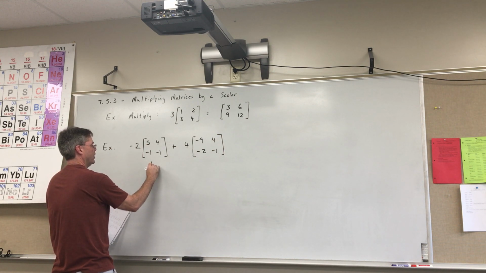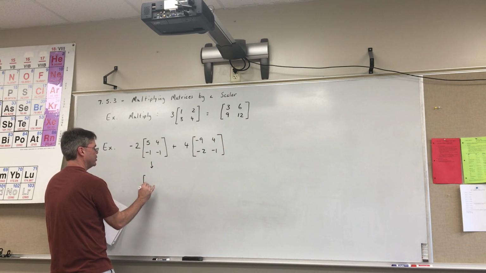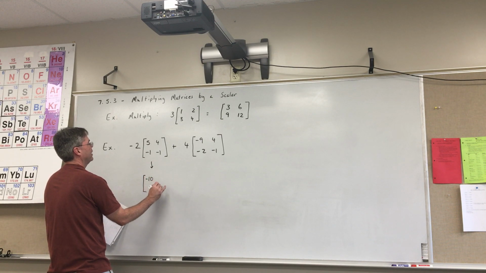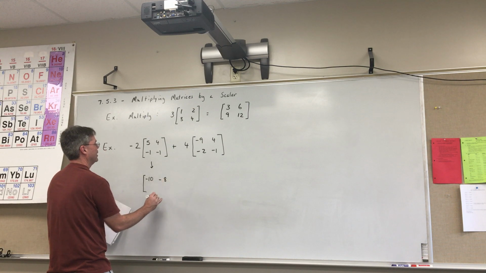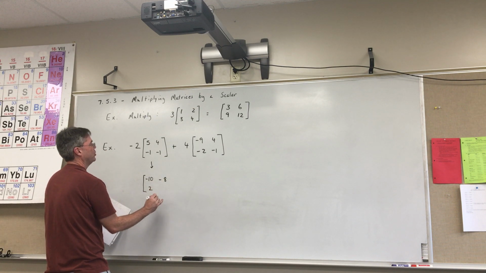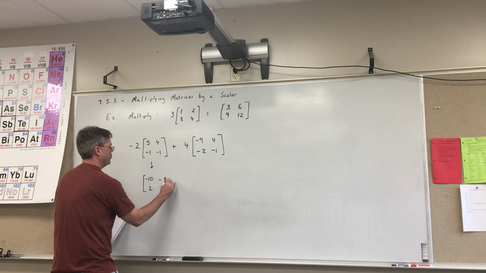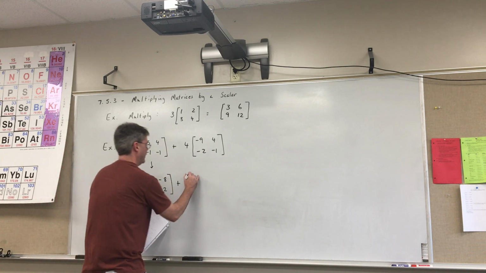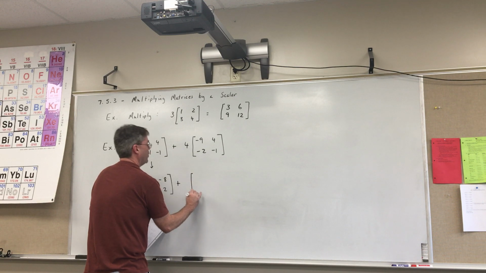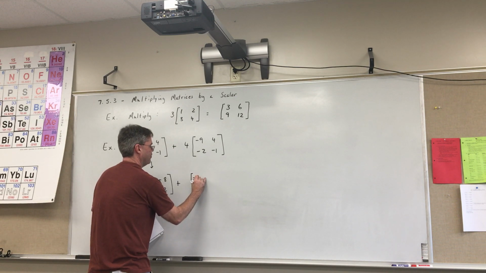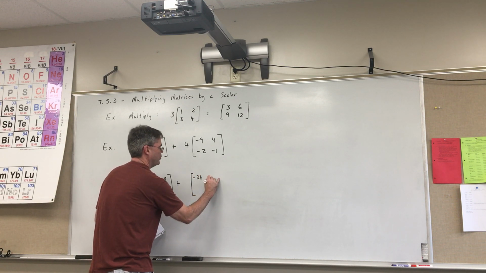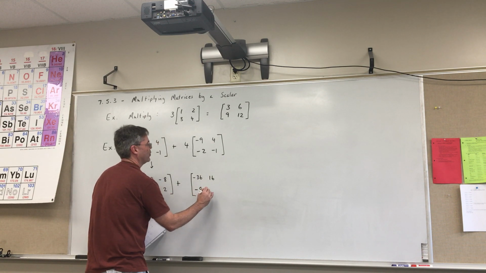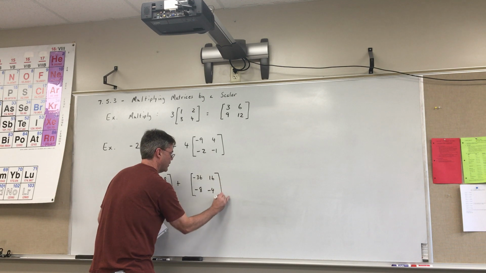I'm just going to do the operation and bring the matrix down. -2 times 5 is -10. -2 times 4 is -8. -2 times -1 is 2, and also 2 for the last one. And we would have 4 times -9 is -36. 4 times 4 is 16. 4 times -2 is -8. 4 times -1 is -4.